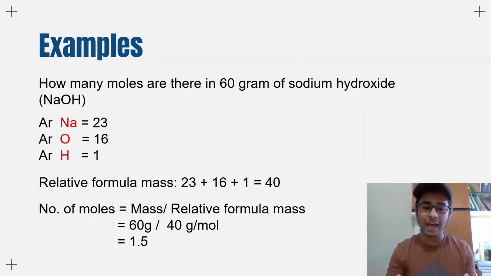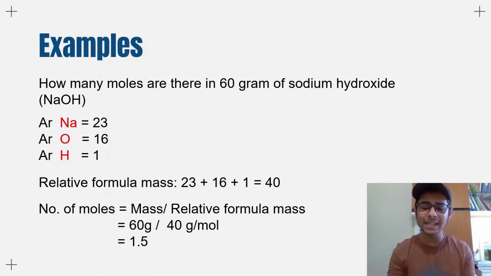Now we'll be seeing some examples. Here we have an example of the calculation of the number of moles in a compound. So let us read the question first. How many moles are there in 60 grams of sodium hydroxide? Since sodium hydroxide is a compound, we already know that the formula for this will be mass divided by relative formula mass.